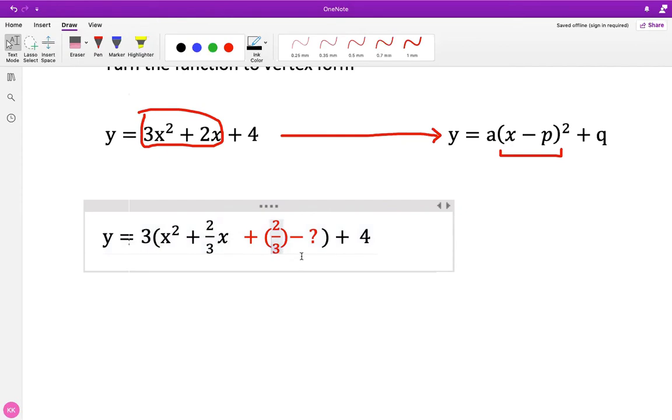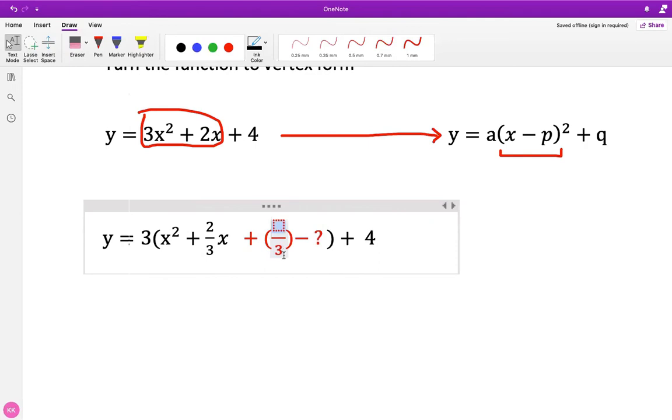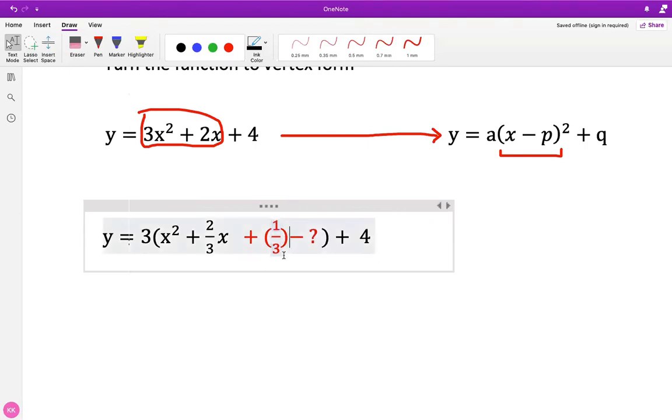Dividing by 2 in a fraction means I can also say 2 over 3 times 1 over 2, so the 2 goes in the denominator. We have 2 divided by 2 times 3. The 2 in the numerator and denominator cancel out, and we get the b value equal to 1 over 3. And we square it.